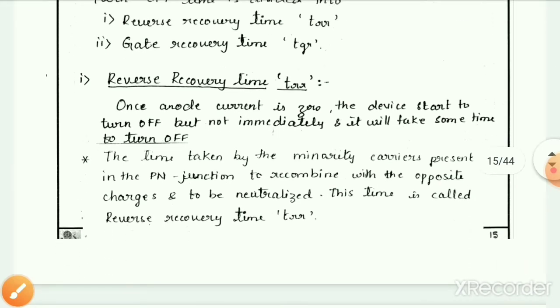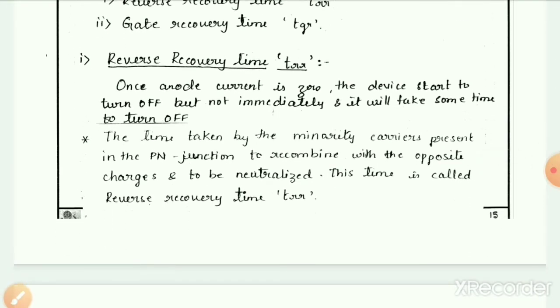Now the reverse recovery time TRR, defined once again. Once the anode current is 0, the device starts to turn off, but not immediately; it will take some time to turn off.